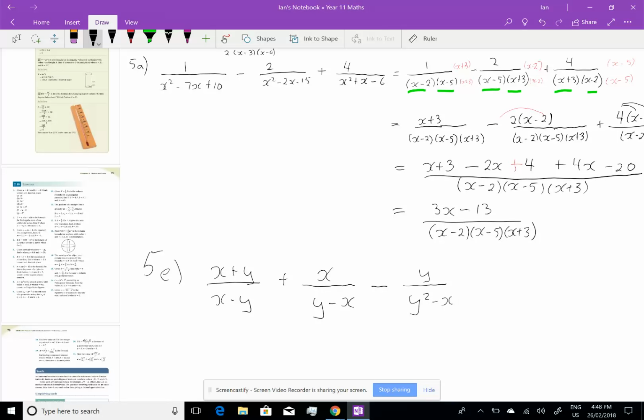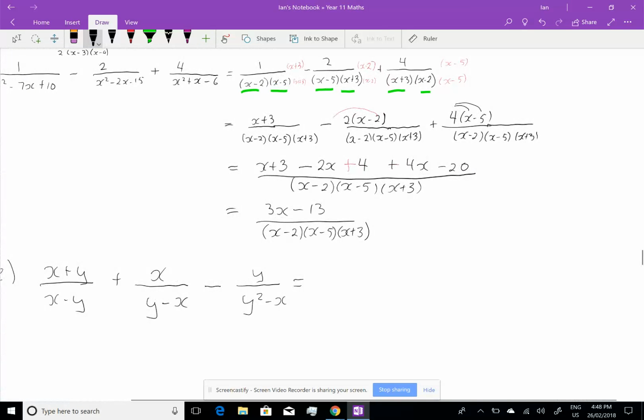They're being tricky here. All right, this is going to be hard. X plus y, and the first thing, and this is awful, because I know what they're going to do here. They're going to take a negative out of the bottom.